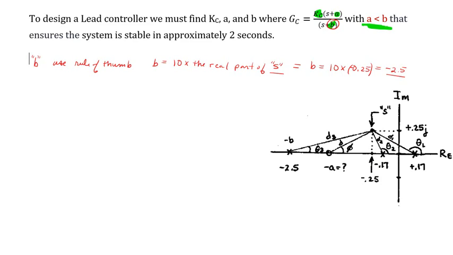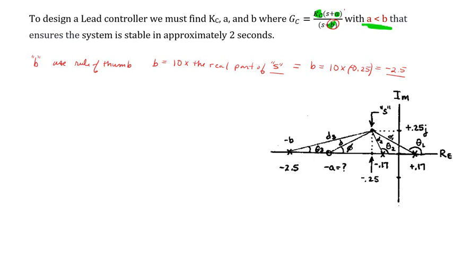Then our B pole, which is way out here to the left, we draw a leg up to our point S. That's going to have the value d3, and the angle it makes with the real axis is theta 3. You can quickly see that theta 3 is probably less than 45 degrees, but certainly less than 90. And then we're going to add a 0.